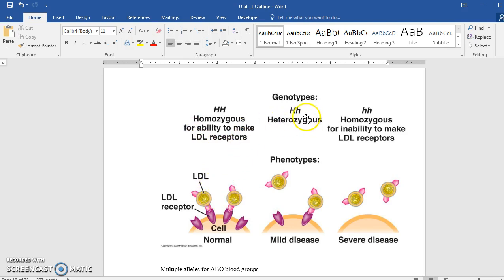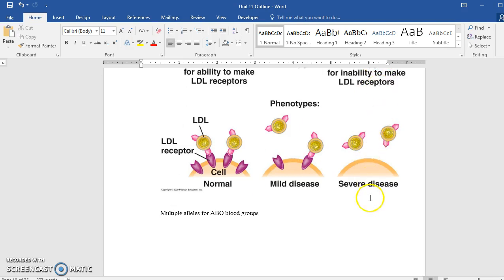If they're heterozygous, big H, little h, they'll have mild symptoms, elevated levels, but it wouldn't be as severe as if they are homozygous recessive. That's where they have the severe disease and have abnormal amounts, high levels of cholesterol, and more difficult to control.